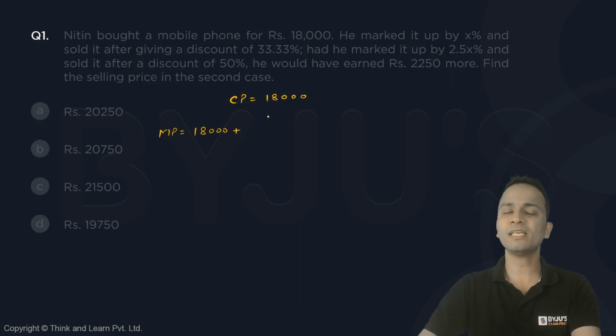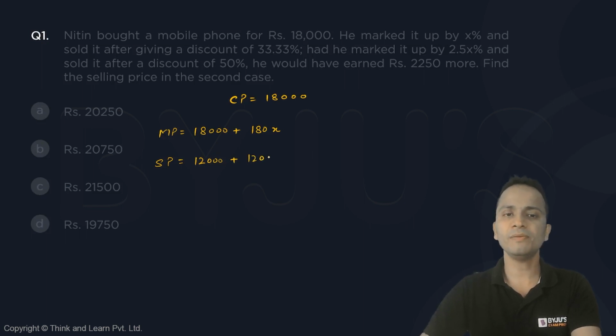X percentage of 18,000 is X upon 100 into 18,000, which gives 180X. Now he gave a discount of 33.33 percentage. That means one third. So after giving a discount of one third, the selling price will be two third of the mark price. So it will be two third of 18,000, that is 12,000, plus two third of 180X, that is 120x.